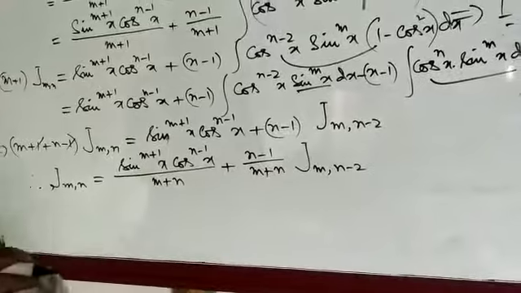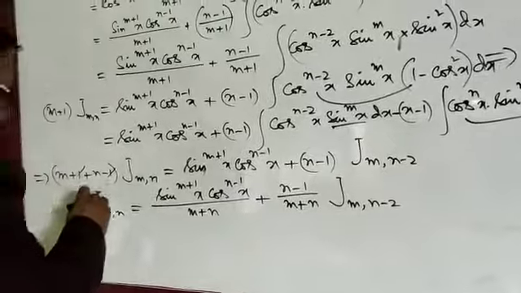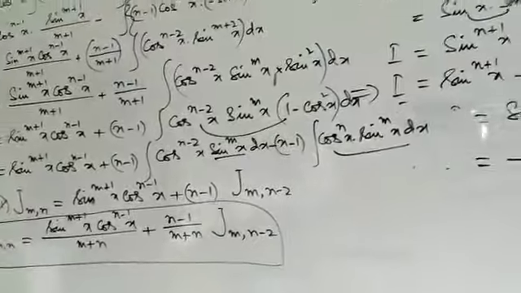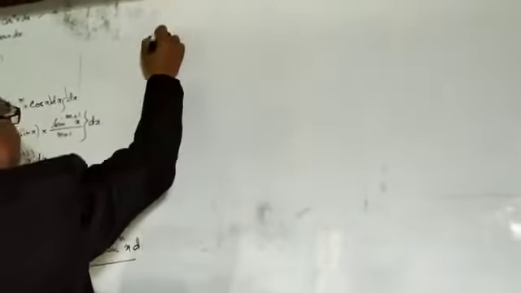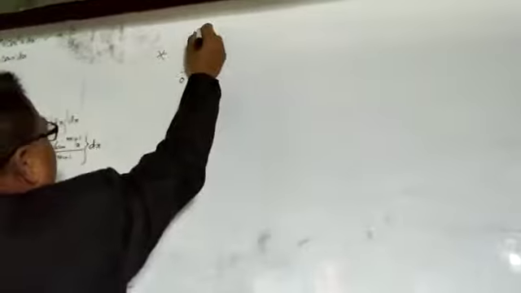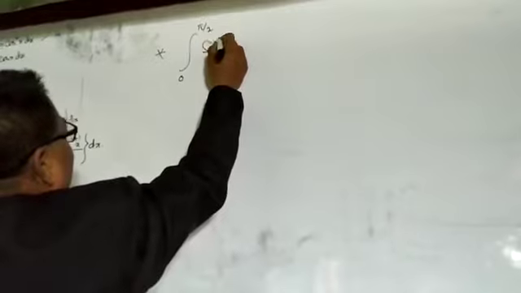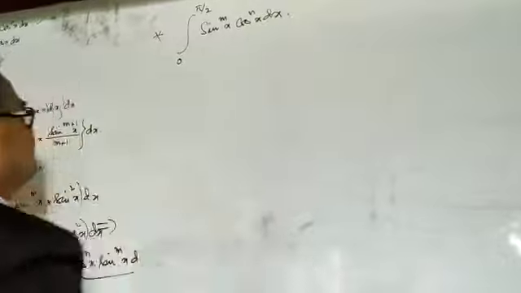So for this we can take one example. This is indefinite integration, and in the definite integration, if we want to find out the limit, then we can do like this. So suppose the integration is, if the limit is given, sine power, this.